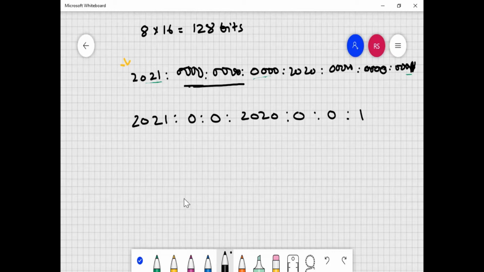And whenever you have such scenarios, even consecutive zeros can be converted into a double colon, as you were saying, that 2021::2020::1. Double colon twice, can we do that? It is wrong.